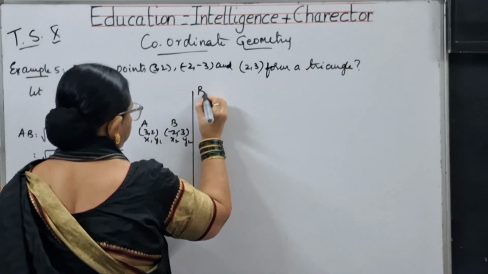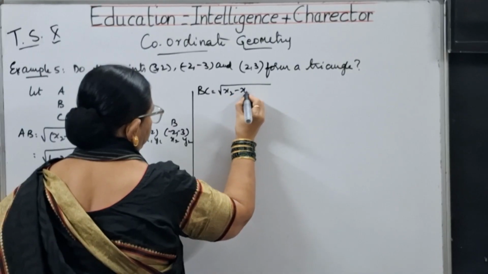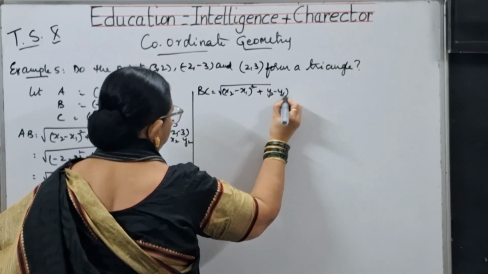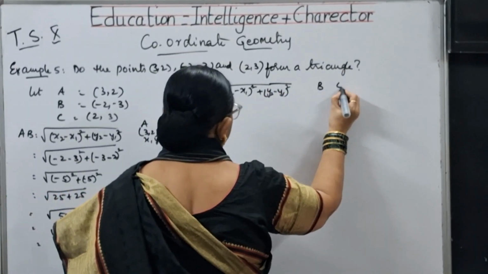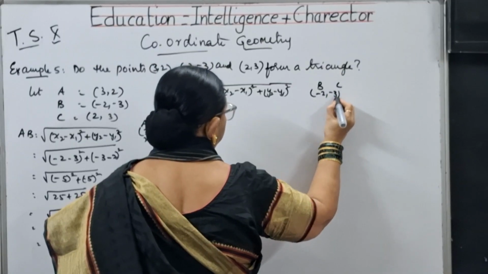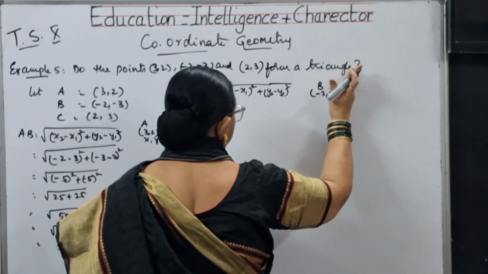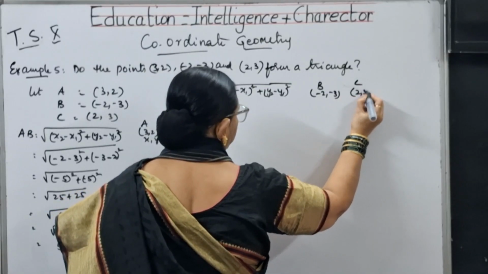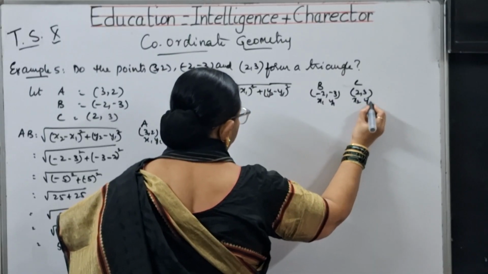Now BC first we will do. BC is equal to root of (x2 minus x1) whole square plus (y2 minus y1) whole square. So let us take B and C. What are the coordinates of B? (-2, -3), and the coordinates of C are (2, 3). So x1, y1, x2, y2.